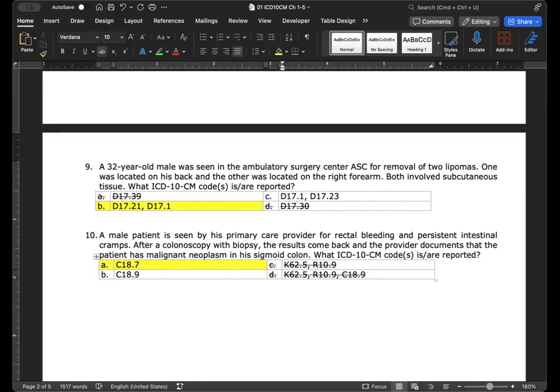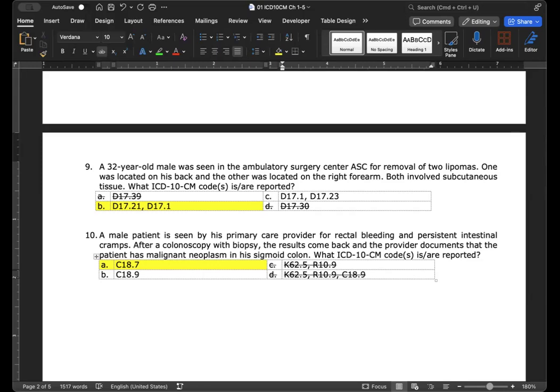Some people have AAPC and some have Optum. I know some people use Decision Health. Each publisher is going to have different anatomic drawings and things.